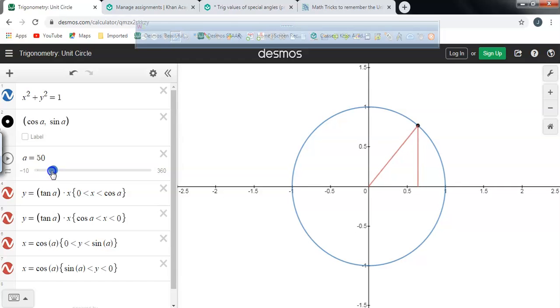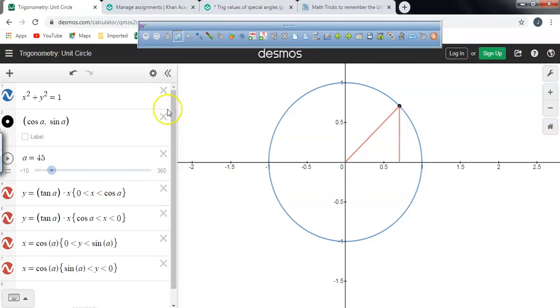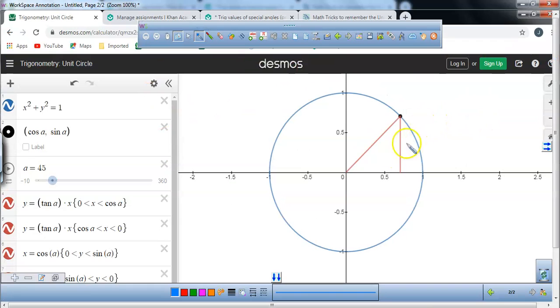Now, in a 45, 45, 90 triangle, a lot of times you would see these sides are going to be the same across the 45 degrees.